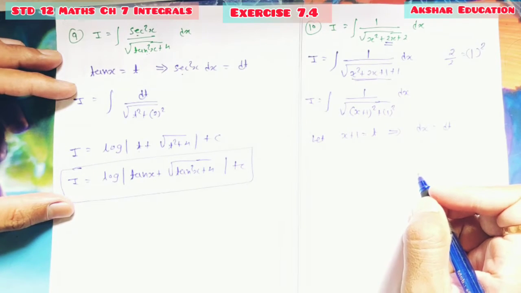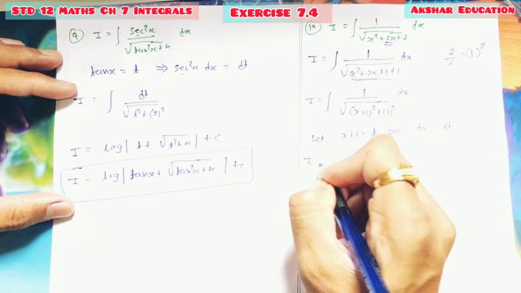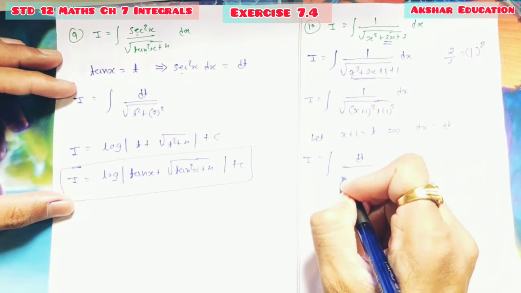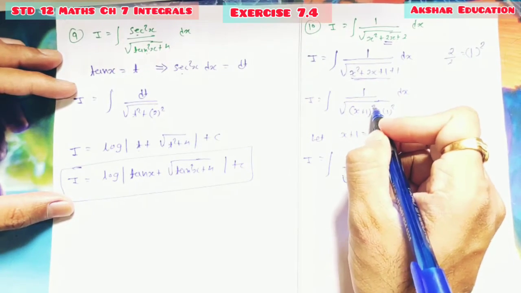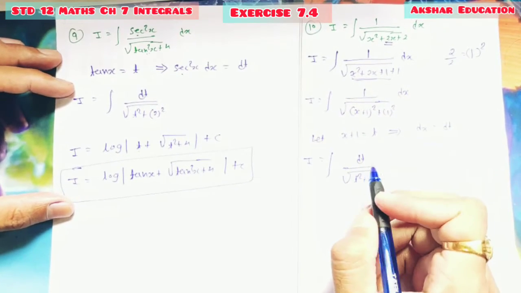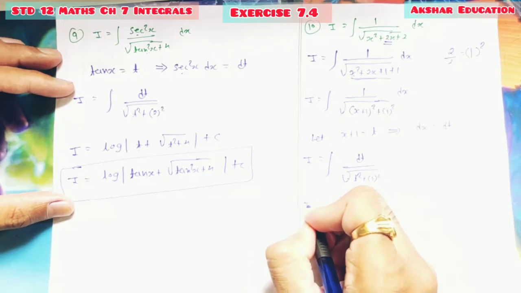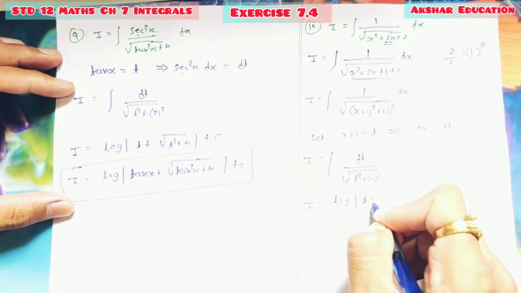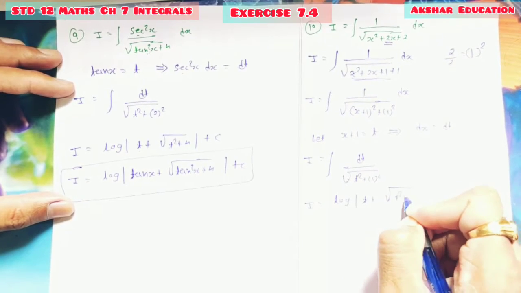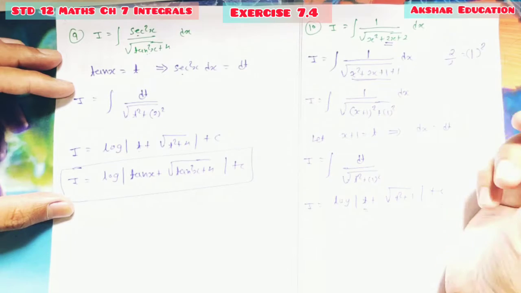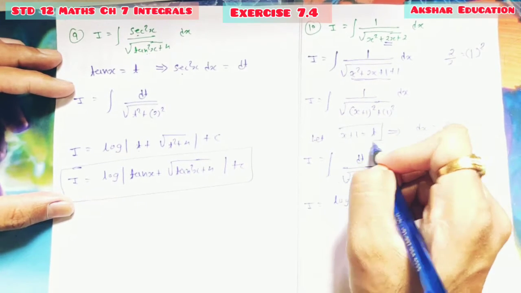Differentiate on both sides with respect to x. So integration I is dx, which is dt, divided by square root of x plus 1 whole square, which is t square plus 1 square. Same formula. So integration I is log mod t plus square root of t square plus 1 square plus c, and replace the value of t with x plus 1.